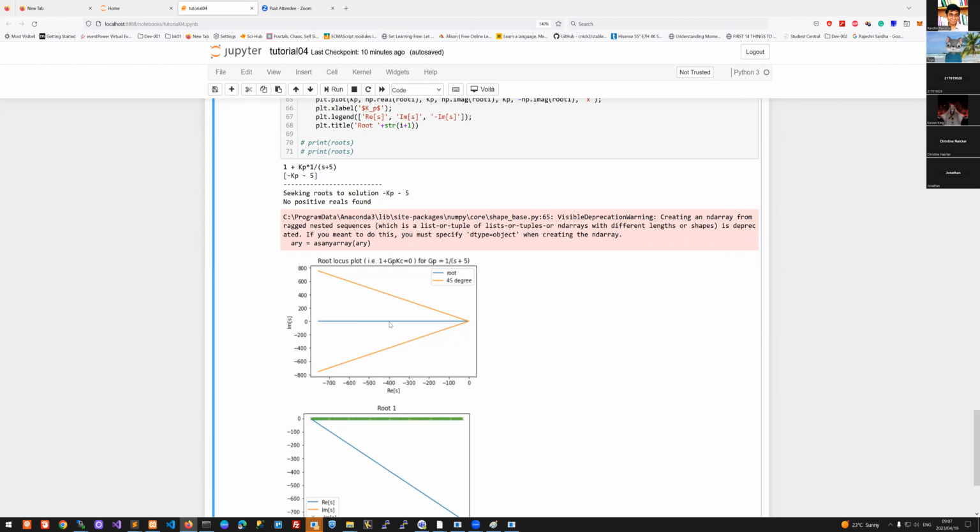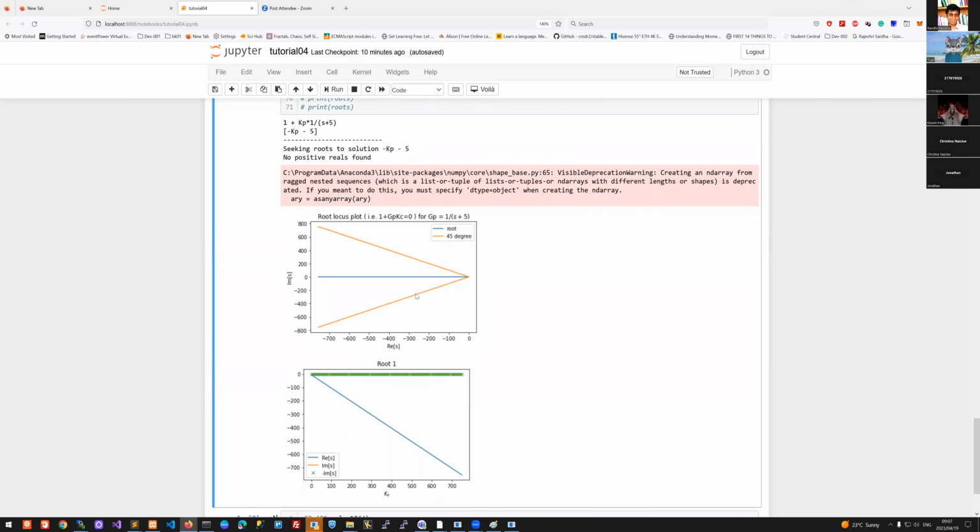And then what's plotted here is the solution. So this blue line, that's the one root that we have. And so for different values of kp, it's generating the values of s. So these are the values of s that satisfy that equation. And so looking at these values, we can see none of them are positive numbers.